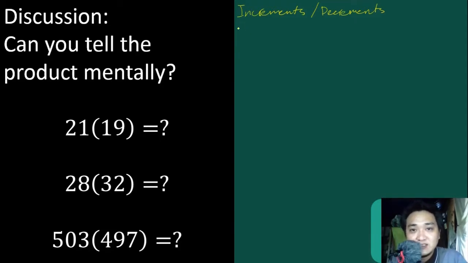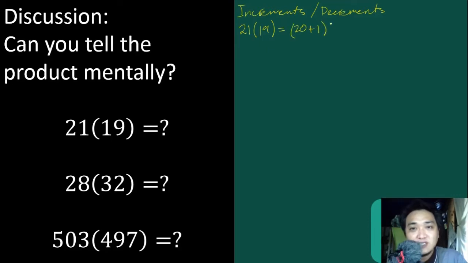So let's say you are multiplying 21 times 19. So, yung magiging increment ni 21 is 20 plus 1.